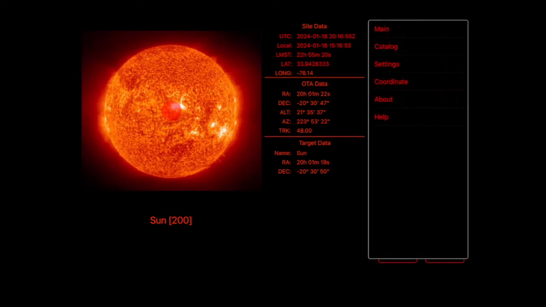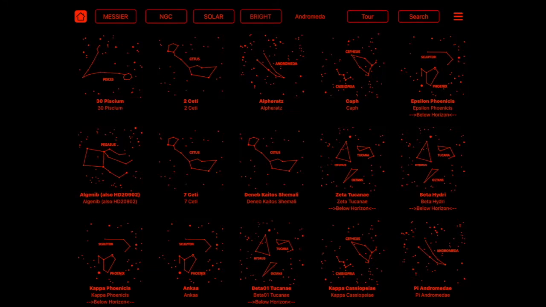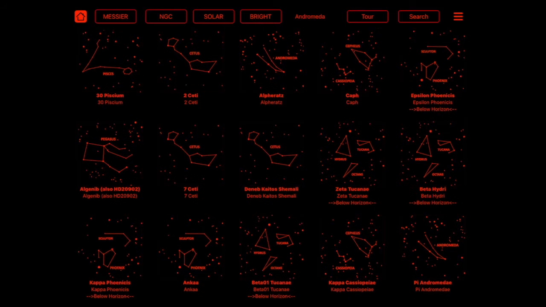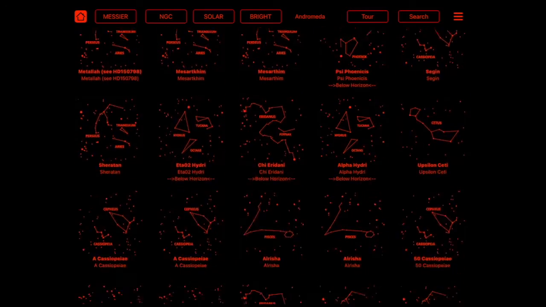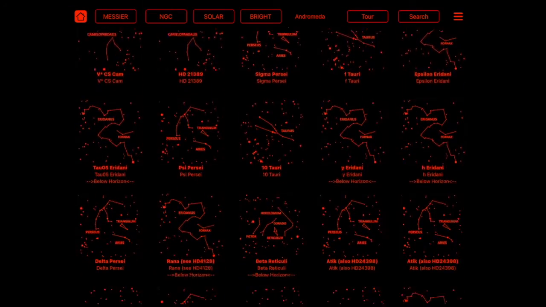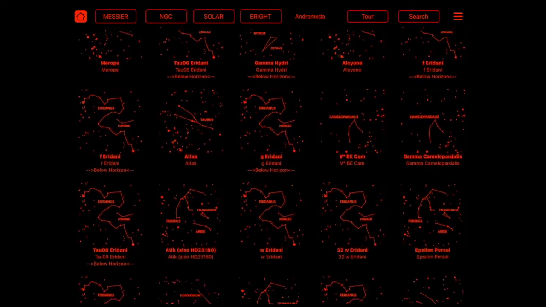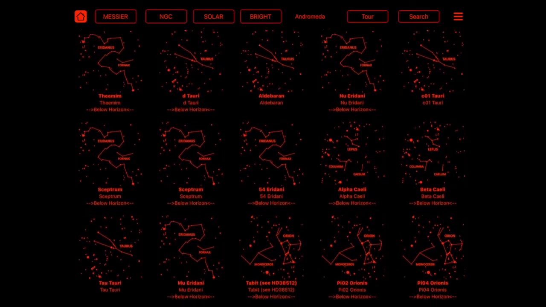Off to the menu again, and the catalog, and we'll just look at the bright stars. Now the bright stars are all of the ones in the catalog that this thing can use, probably a bunch of others as well, for the 2- and 3-star alignment, or if you just want to look at some stars.